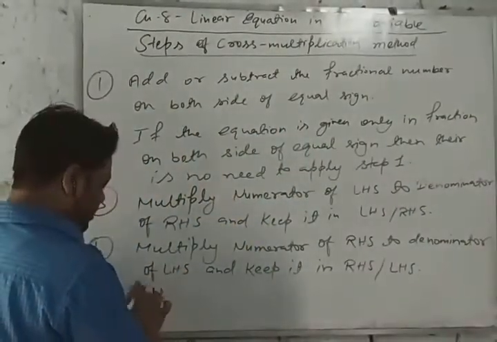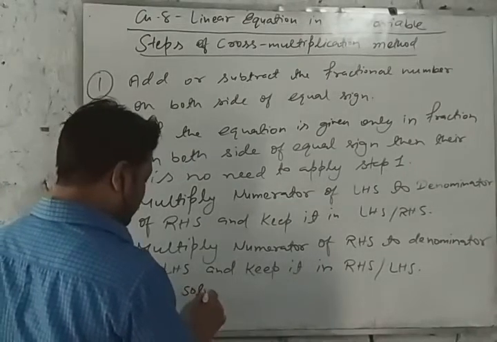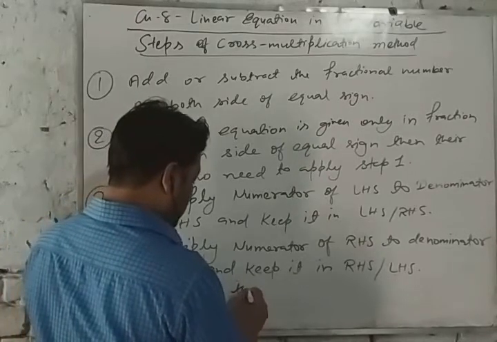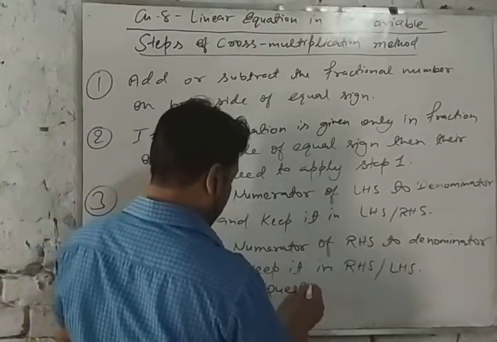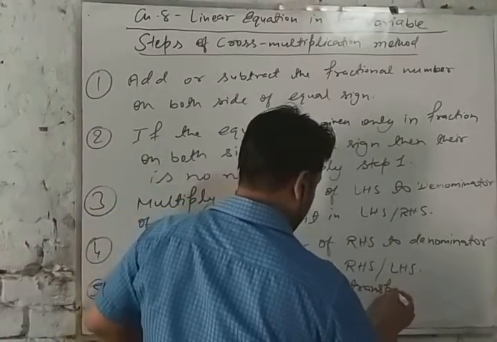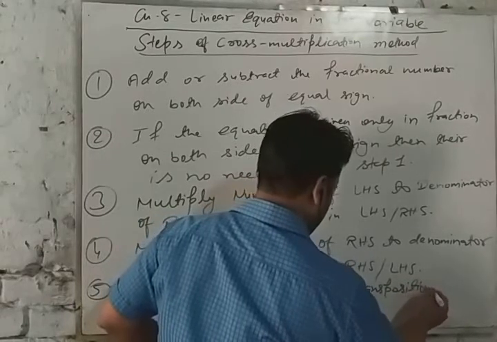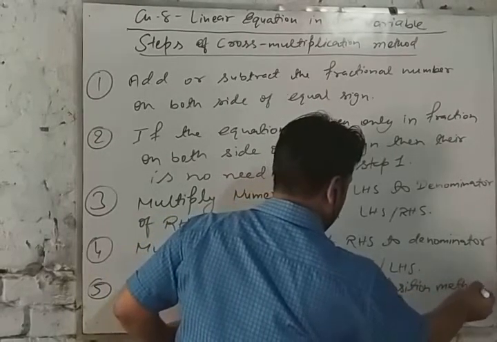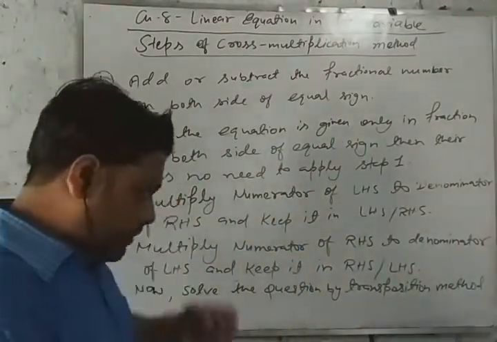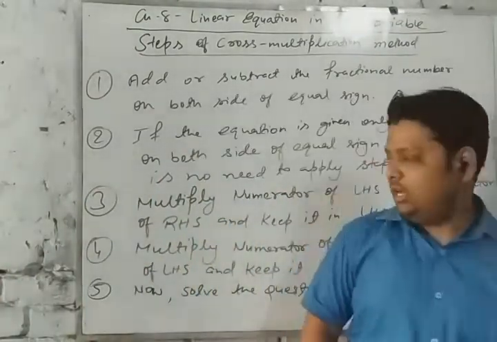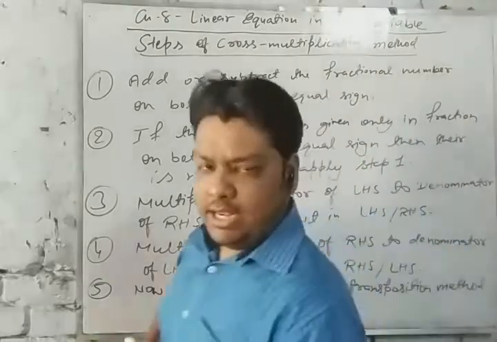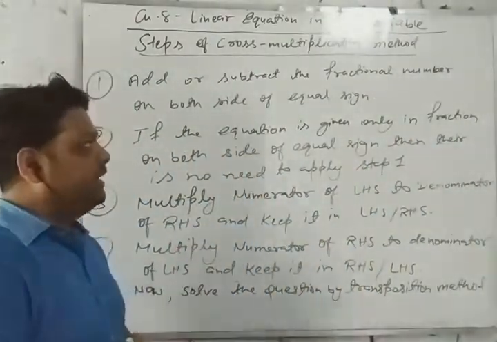So we will now write: solve the question by transposition method. After that we will solve the question by the transposition method. So these are the 5 steps we will use to solve any equation by the cross multiplication method.